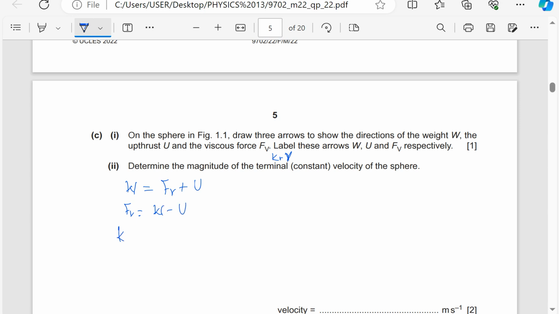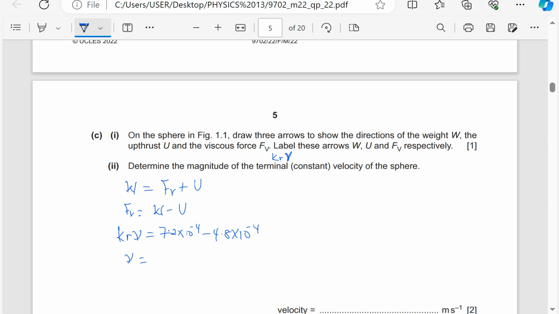Fv, remember, was k r times the speed, is equal to the weight, which was given as, I think, 7.2 times 10 to the power of minus 4, minus the upthrust, given as 4.8 times 10 to the power of minus 4. So I'm trying to find v. So v is going to be equal to the difference.